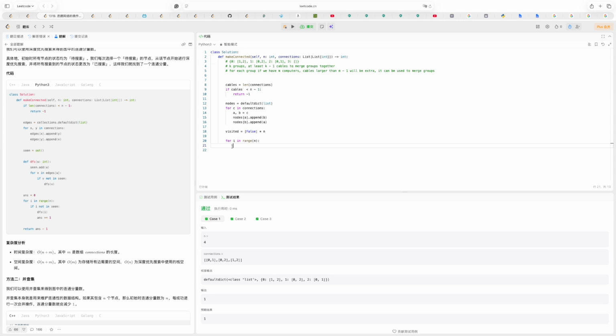So we will use n, and if not visited, then let's start finding groups.